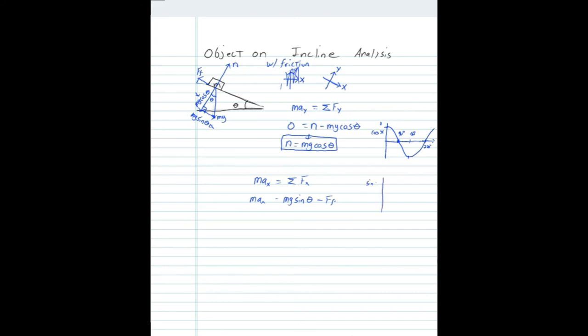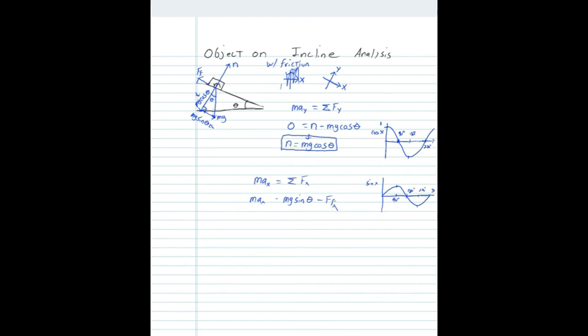And again, let me draw sine of x as a function of x. If you remember what sine looks like, it starts at 0 and goes like this. This is 0 degrees, this is 90 degrees, this is 180, this is 270, this is 360. So for angles between 0 and 90 degrees, the sine of the angle grows. That means that force is going to grow, and the acceleration will get bigger.